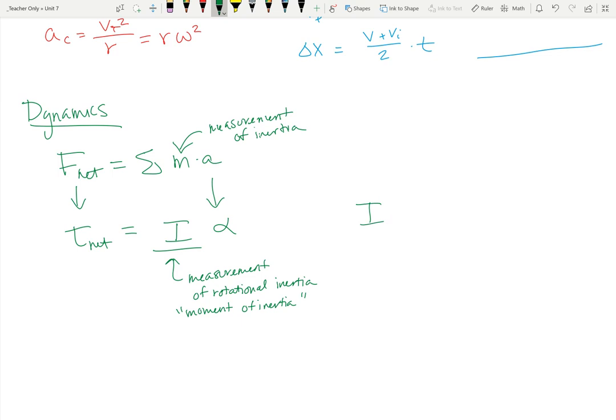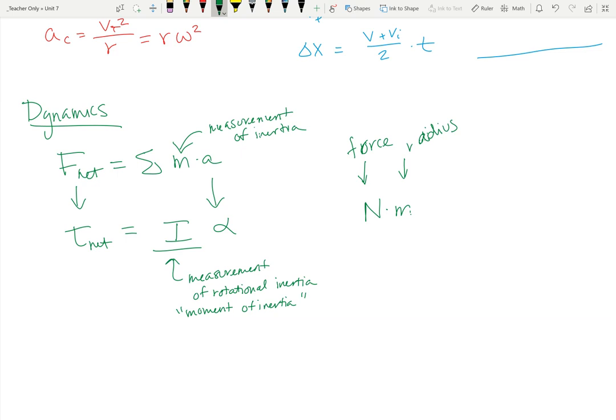if we were to look at the units, we could see that torque, actually we'll come back to that I, we know that torque is in units of Newton meters, newtons times meters. Now, because this was the force times the radius, right?